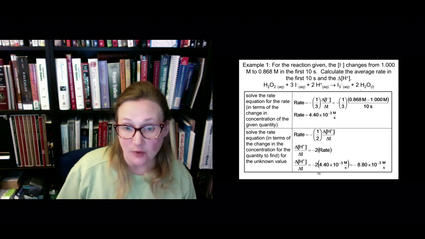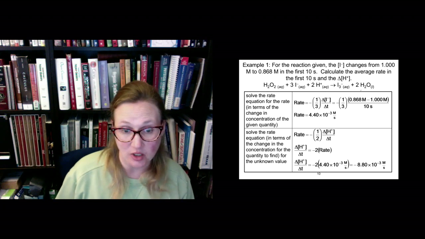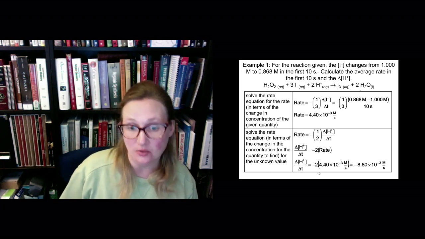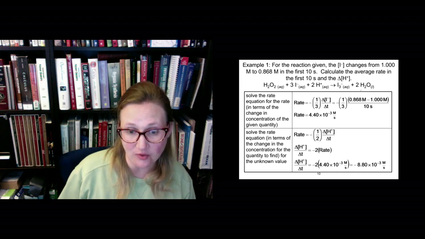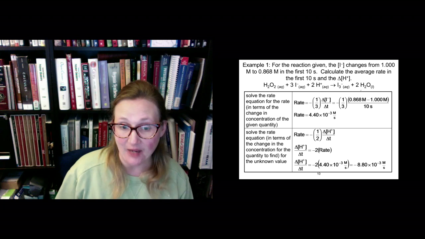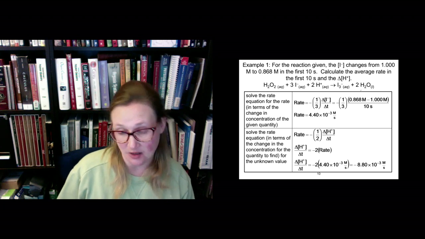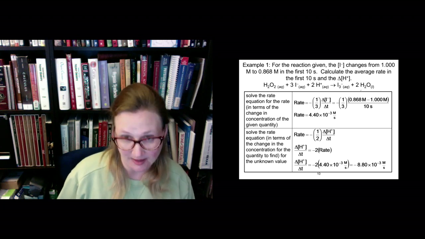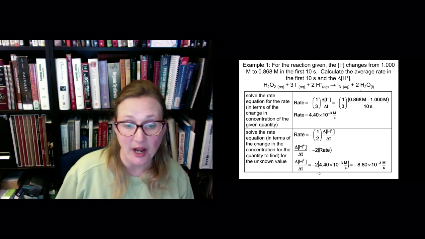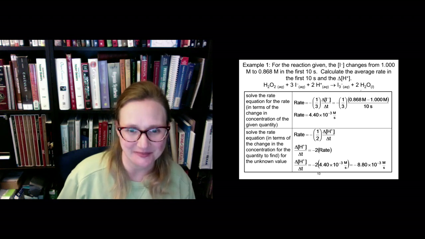So that means that if we want to solve for the concentration of H+ per time, we would take minus 2 times the rate, and we get negative 8.8 times 10 to the minus 3 molar per second. So really we're just using stoichiometry here to determine the rate of H+ decomposition.